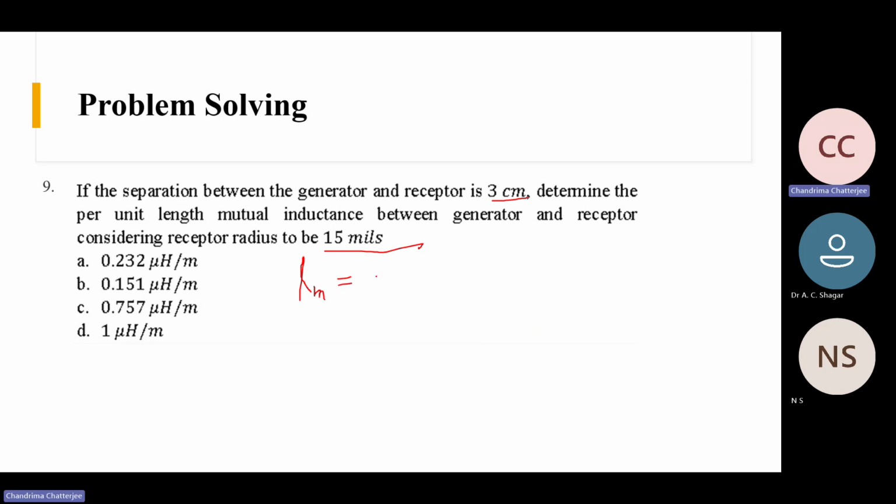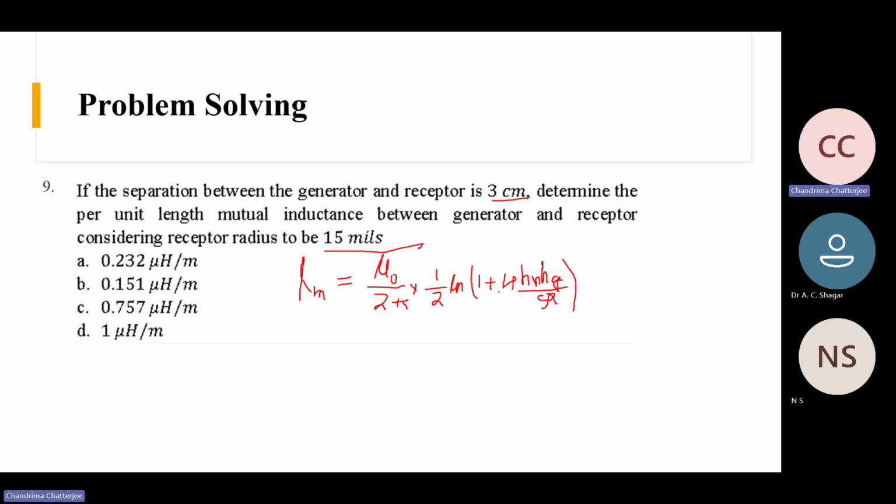We know the Lm expression: mu naught by 2 pi, times half ln of 1 plus 4 HR Hg by a square.